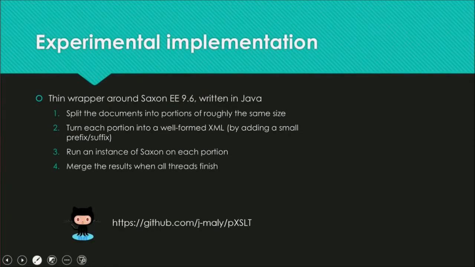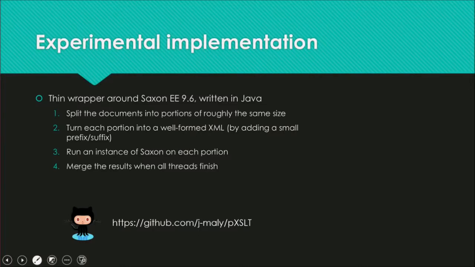The experimental implementation I've used to test this was a simple wrapper around Saxon EE. It's available on GitHub, but it's very simple because I had to do a wrapper, as there are no open source streaming processors.